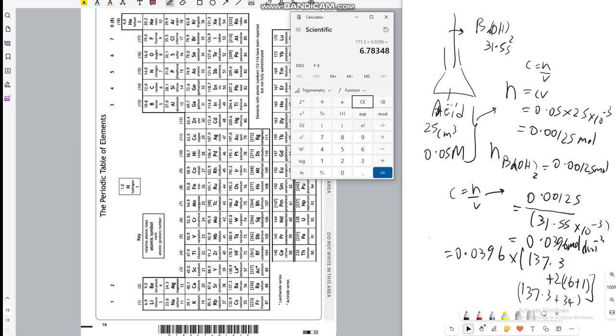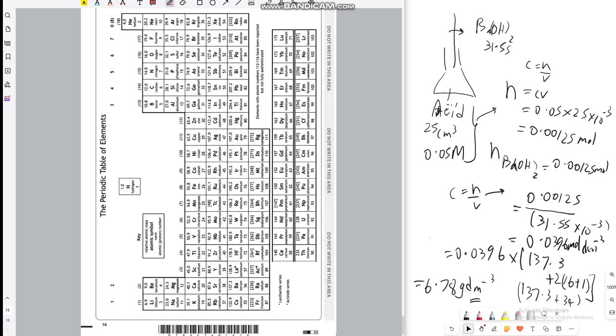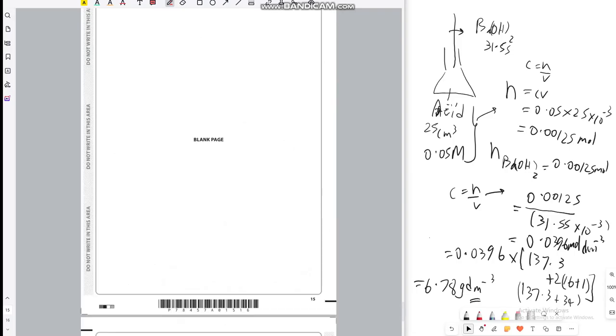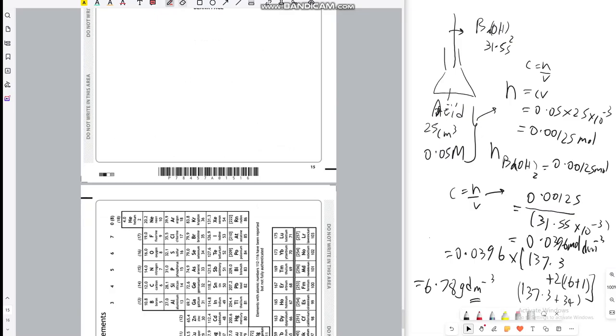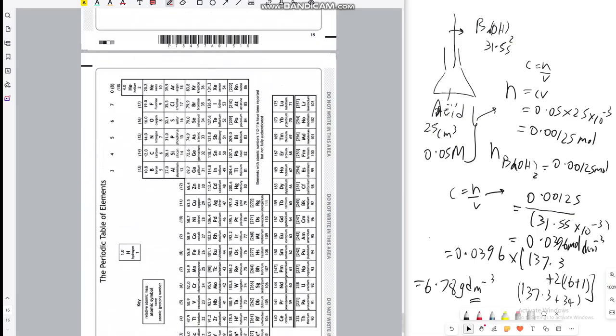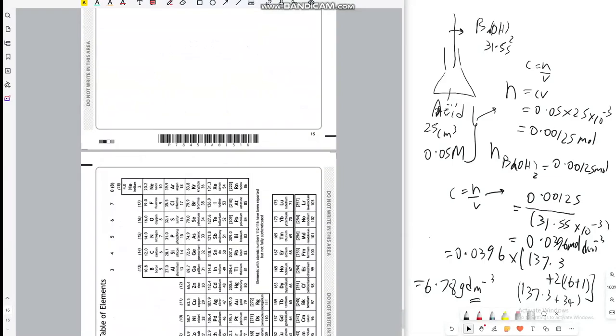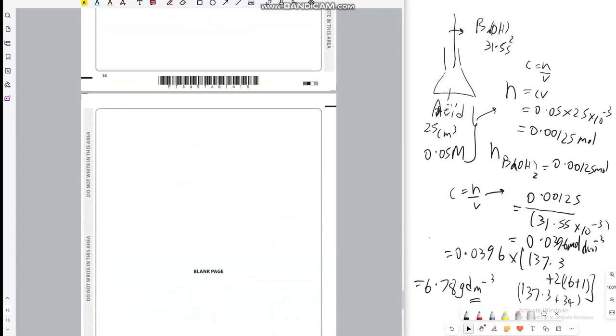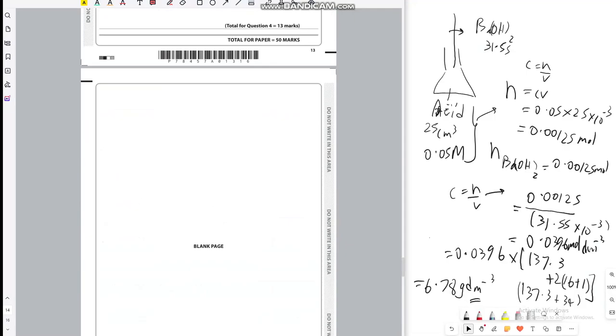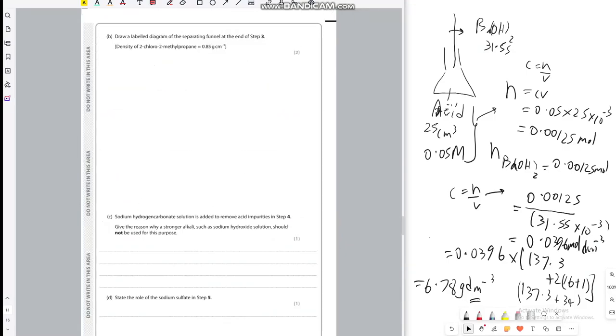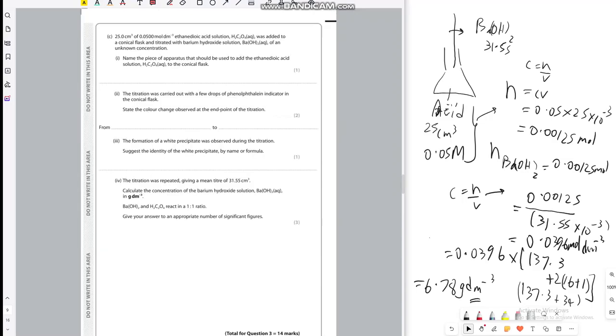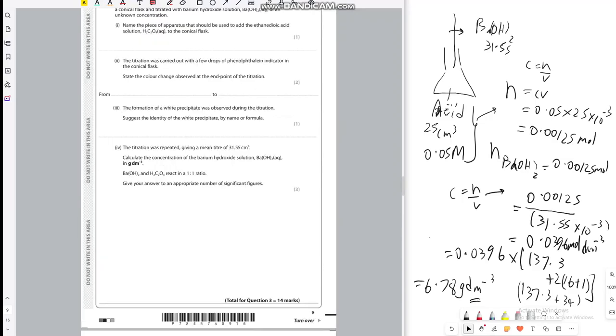I get 6.78. 6.78 grams per decimeter cube. Right. That's the end of that question.